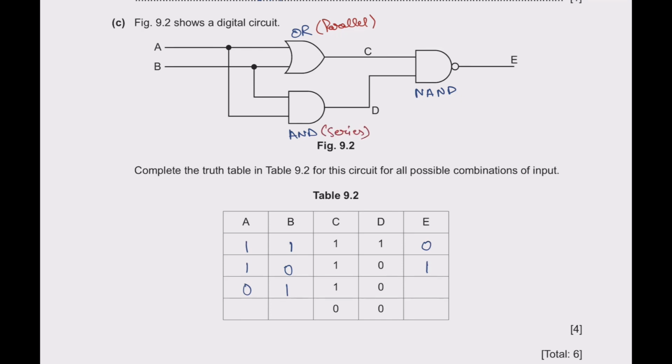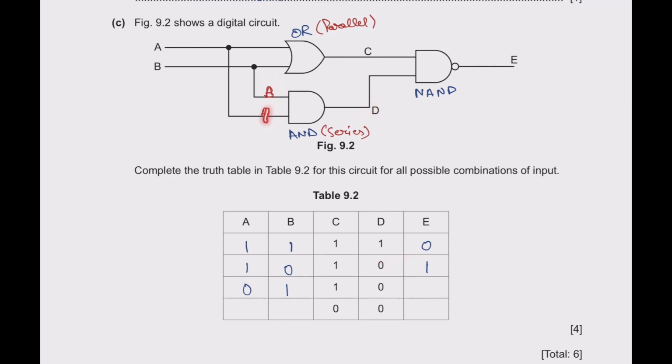Okay, you can also check with the D input, because 1 1 we get 1 because of AND gate, because this is B and this is A. So you can check with these also. A is 1, B is 1, so D will get 1, yes. If A is 1, B is 0, I will get 0, yes.